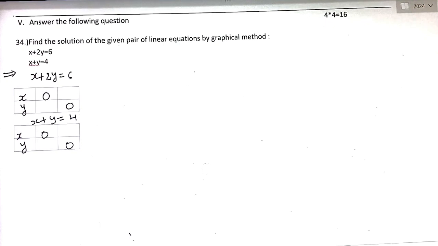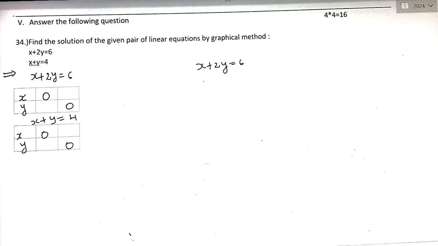So I'll explain how. Let me take the first equation, x plus 2y is equal to 6. I have taken x as 0 in the first row. So in the place of x, you need to replace it with 0 and find the y value.